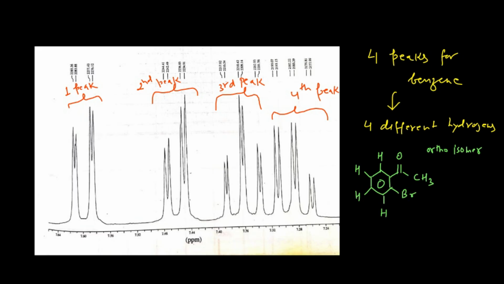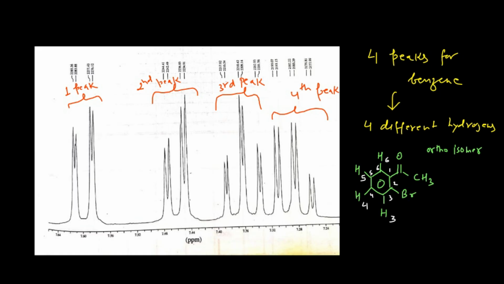Now, I can mark these hydrogens as different hydrogens. Say this is your principal functional group. This is carbon 1, carbon 2, carbon 3, carbon 4, carbon 5, and carbon 6. I'm calling this hydrogen H3, this hydrogen H4, this H5, and this H6.